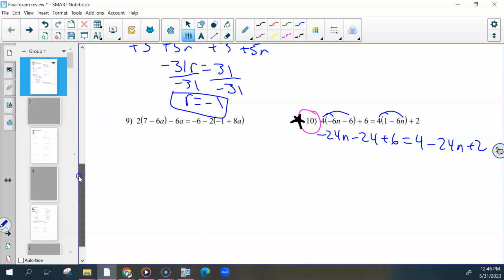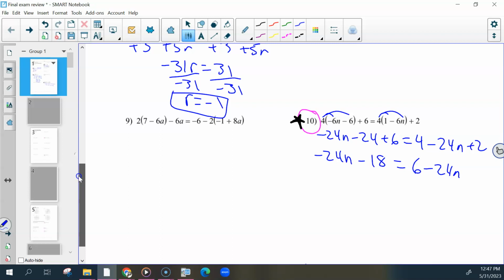Combine like terms on the same side. We have negative 24n minus 18 and 6 minus 24. Then again, we have a choice. What do we want to move next? Yes, positive 18.